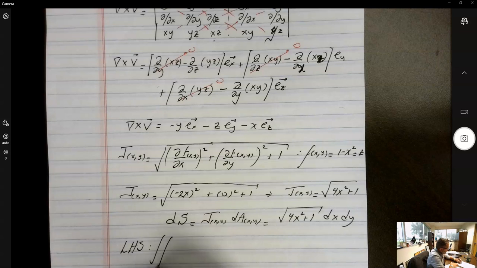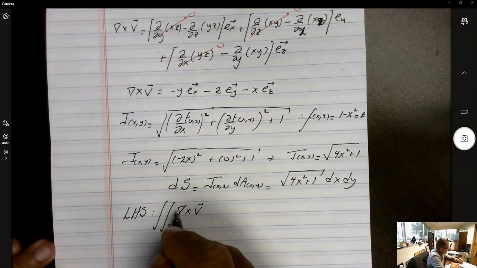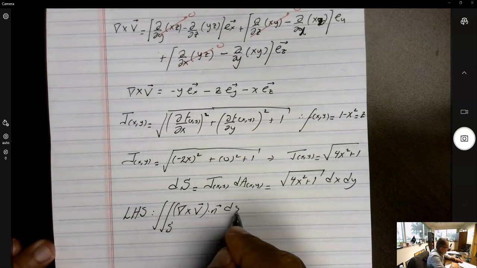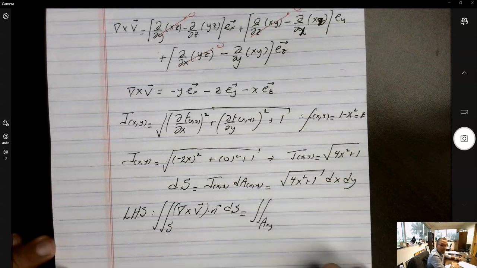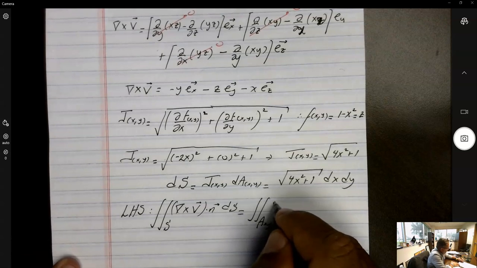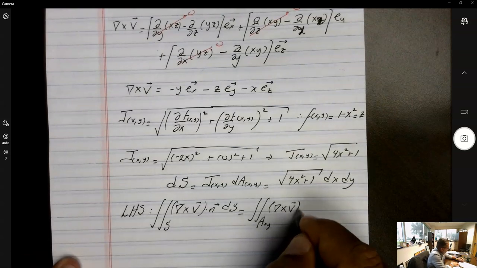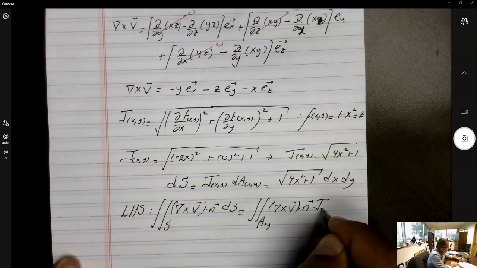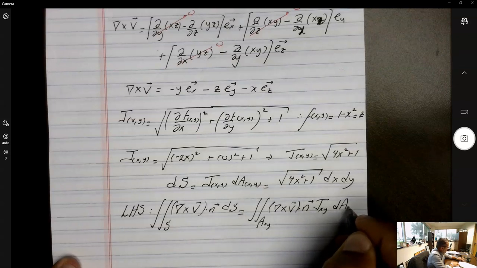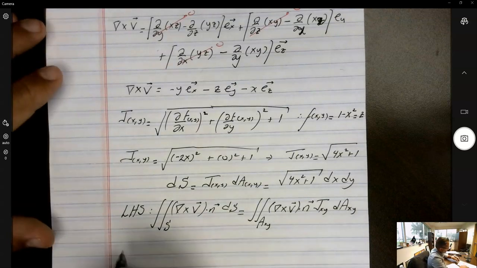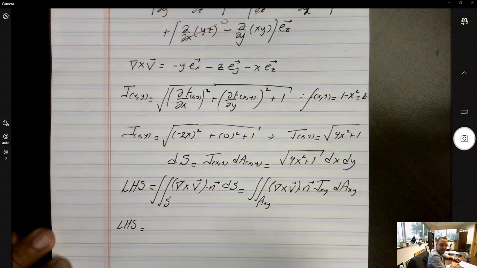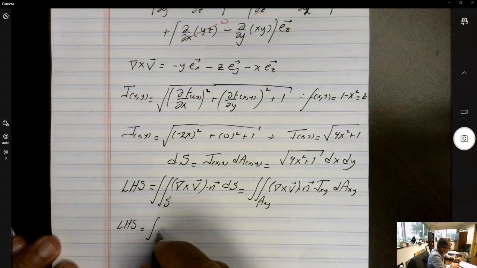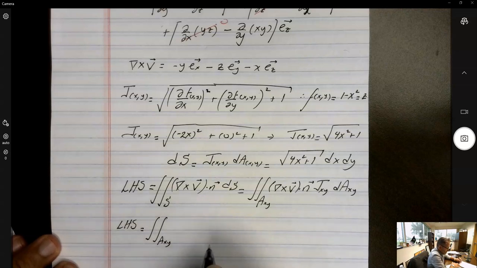It is equal to the integral over the surface of the curl of V dotted into n dS, which is equal to the integral over the area on the xy plane of the curl of V dotted into n, times the Jacobian on the xy plane, times the differential of area. If we expand this, it is the integral on the xy plane.